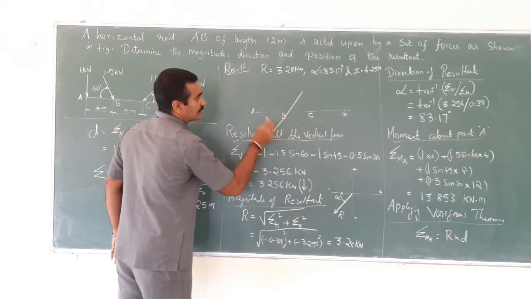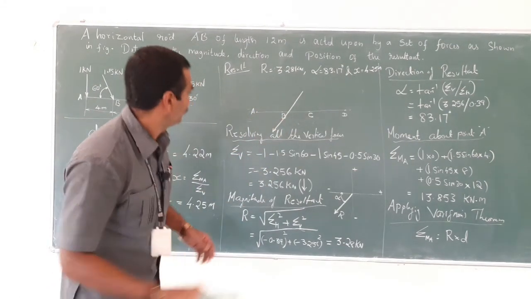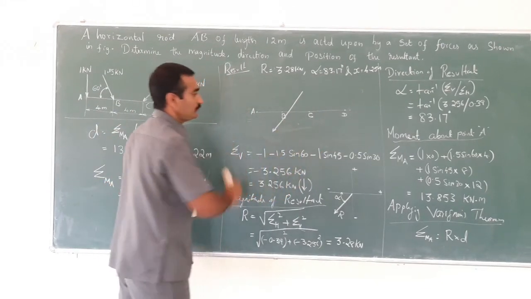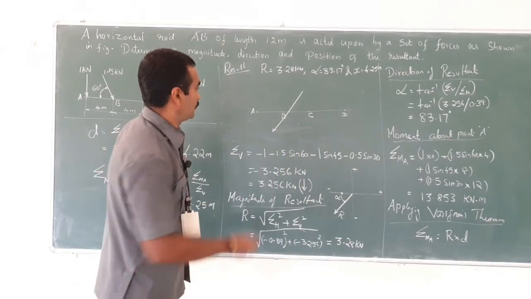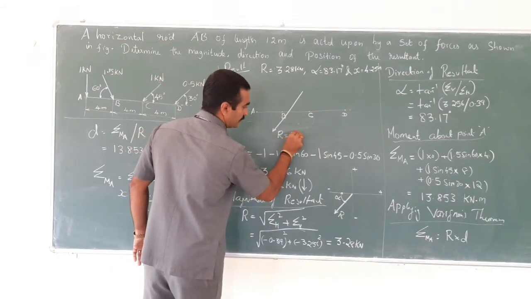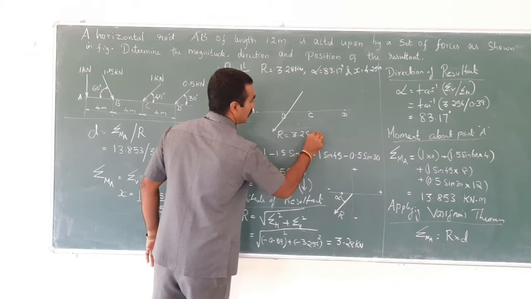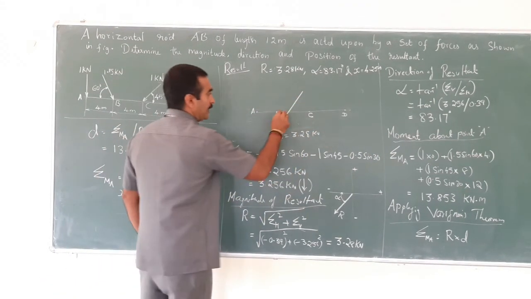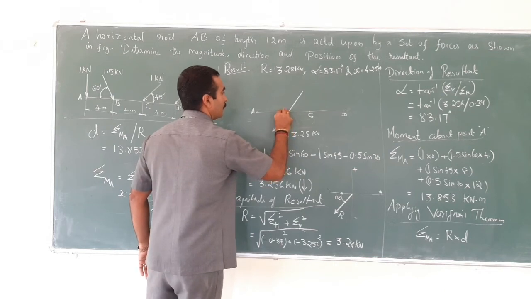This resultant is acting in this way. This is the resultant, which has a magnitude of 3.28 kilonewton, and this is alpha, which is 83.17 degree.